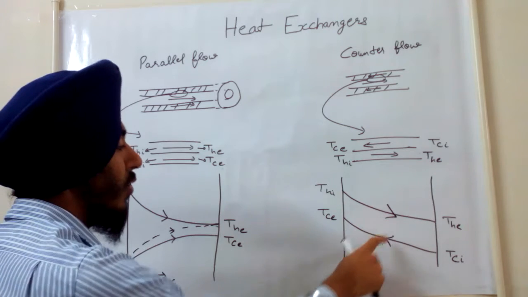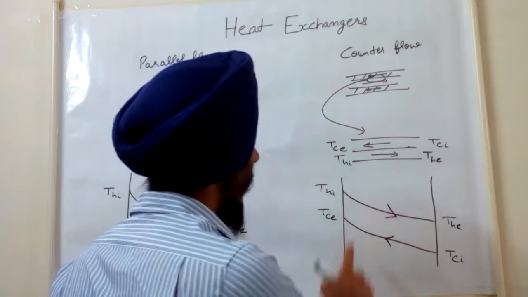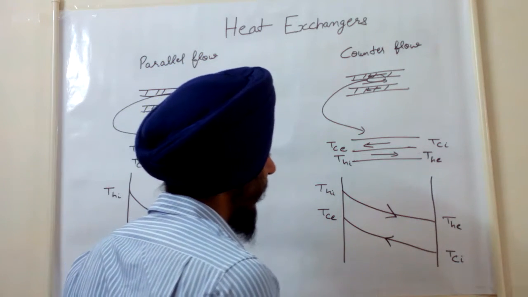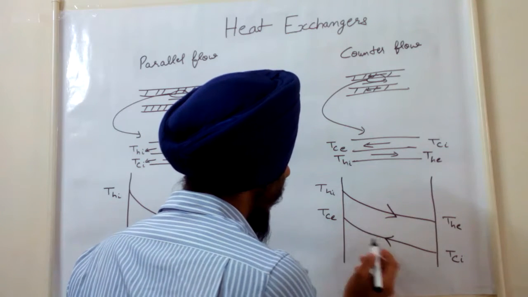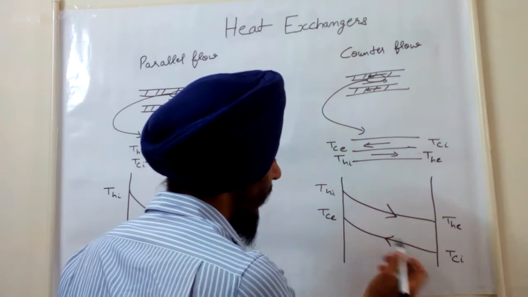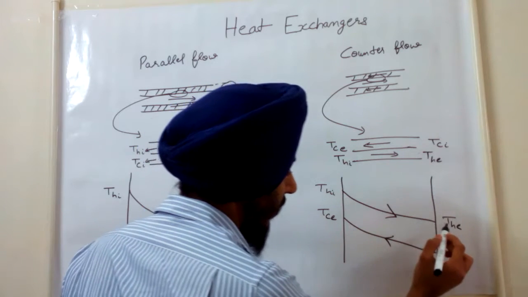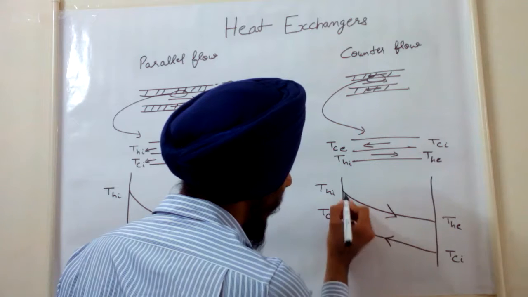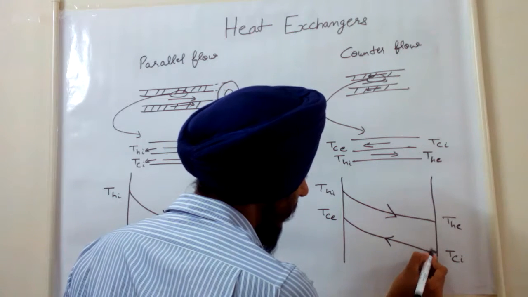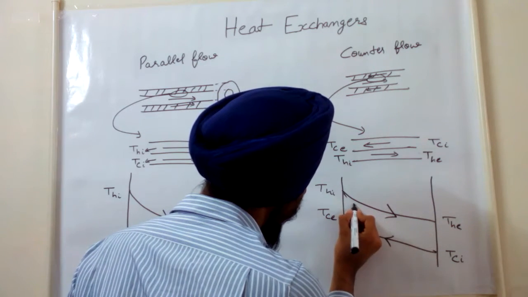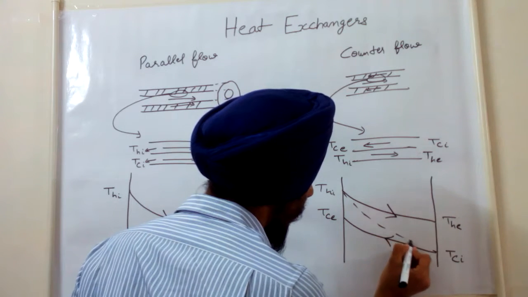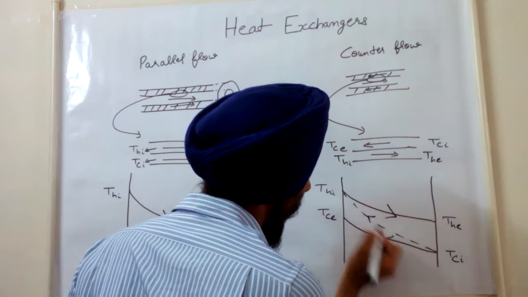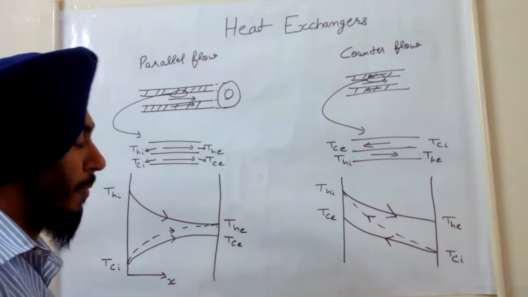Always remember to make these arrowheads. We can clearly see that in case of counter flow, T_CE can be greater than T_HE because the limiting case is this. This is a limiting case.